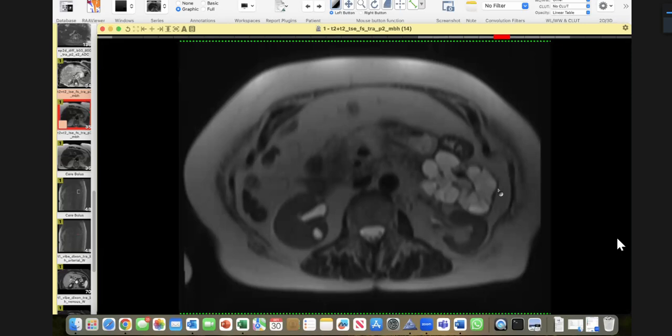In the UK, we use mostly EUS-guided aspirations, going through the stomach to the pancreas. Not in this particular case, but I am giving you some theoretical knowledge which is asked in the exam.